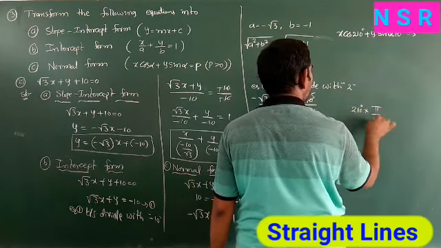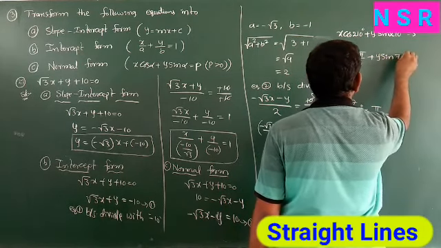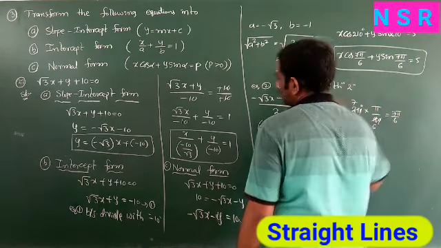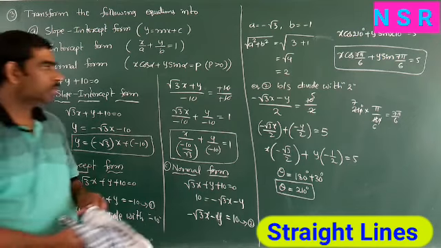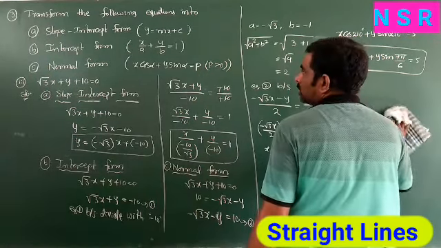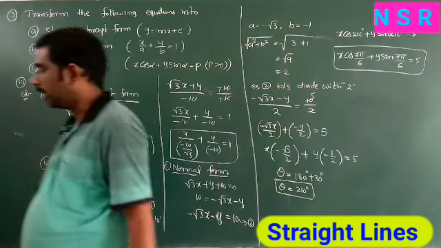Now write x into cos 7 pi by 6 plus y into sin 7 pi by 6 is equal to 5. So this is the radian form. So these are the three forms: slope intercept form, intercept form and normal form.